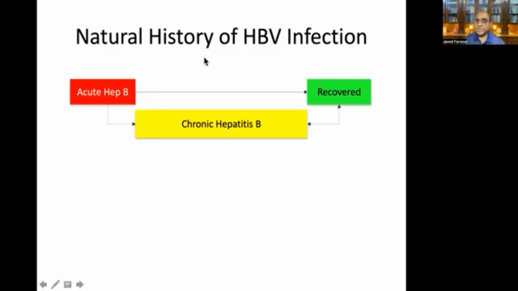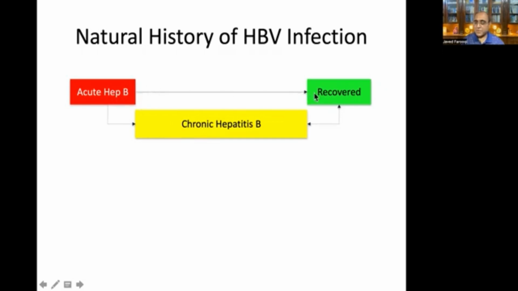We all know the natural history of HBV infection is that when a patient develops acute hepatitis B, the patient may recover within 6 months. The so-called recovery, which I've shown in the green color, or the patient may enter the chronic hepatitis B phase. That is the acute hepatitis B stage.